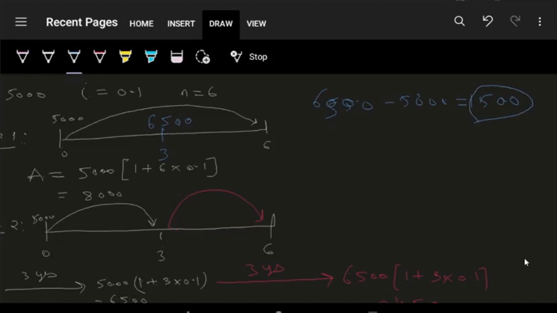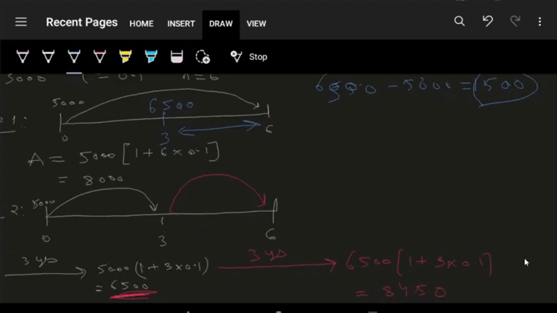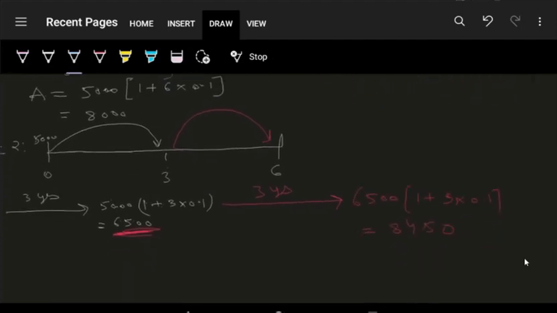In the first case, this interest part of 1,500 is not earning any interest in this time period. But in the second case, since I have reinvested the money, my capital has risen to 6,500, and that 1,500 part is also earning interest in this time period. That's why I have got the difference of 450 rupees.